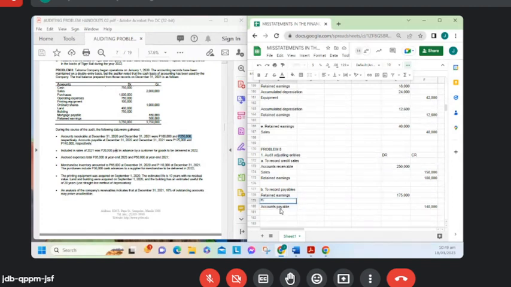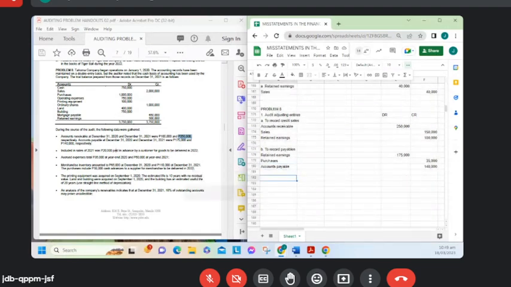We record that as a reduction to purchases or cost of sales, 35,000 pesos. Okay? That's for bullet number 1. Are there any questions? Do you have any questions?